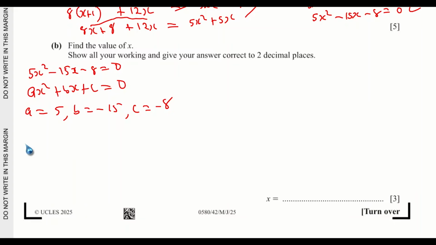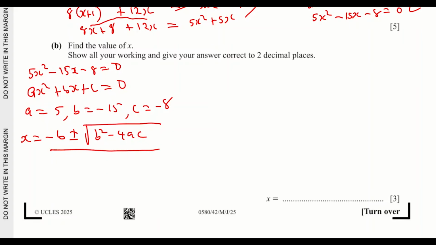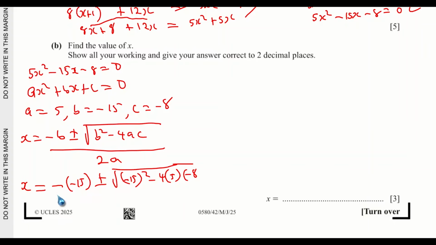So using the quadratic formula, x is equal to minus b plus or minus the square root of b squared minus 4ac, everything over 2a. If you key in the values, you have x equal to negative negative 15 plus or minus the square root of negative 15 squared minus 4 into 5 into negative 8, everything over 2 into 5.